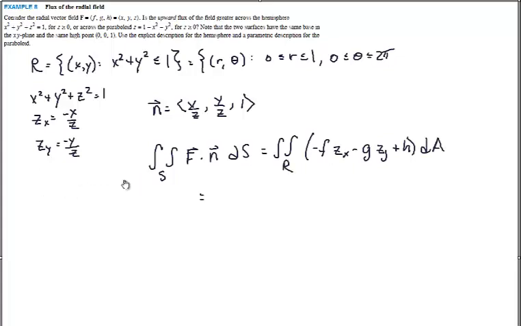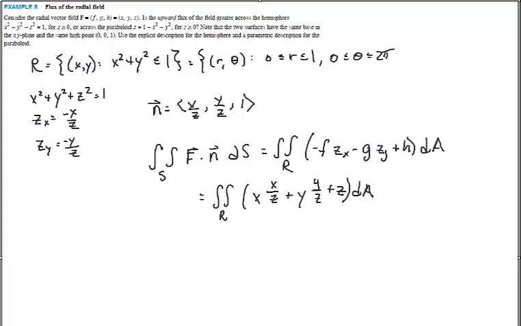And in terms of area, we're going to do our substitutions here, and we will get our double integral of x times x over z plus y times y over z plus z dA.